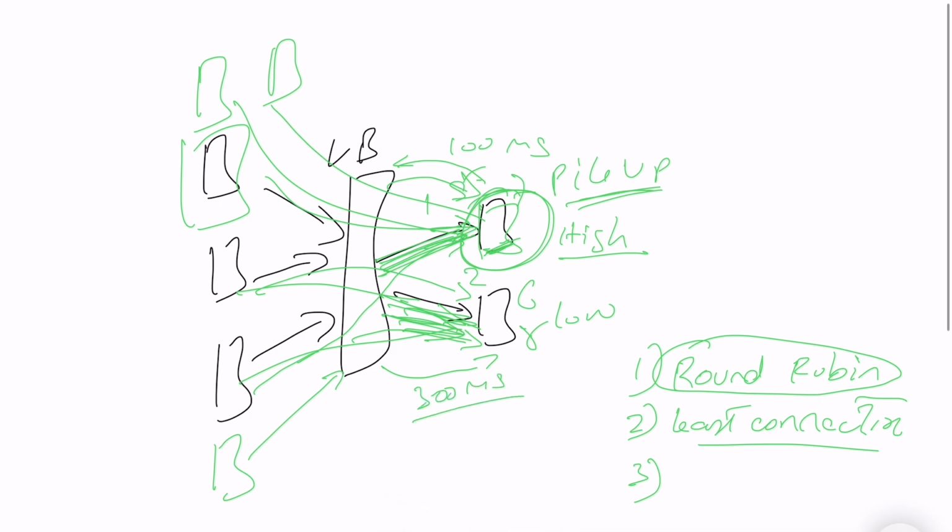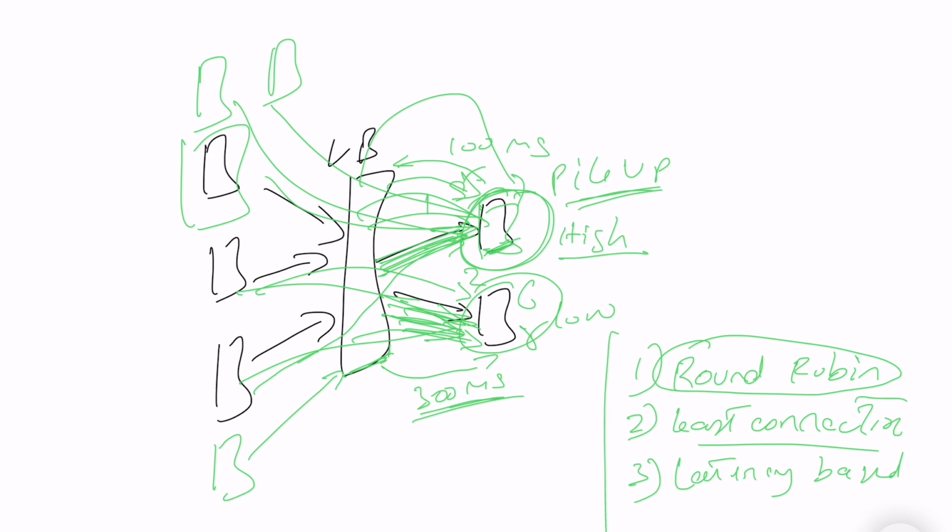So this can be a metric which tells the load balancer that this server is a bit busy because it is giving the response in 300 milliseconds. So all the new requests will go to the other server. Okay, that is the concept of latency based load balancing. Now all these algorithms are normally available in all the load balancers nowadays.